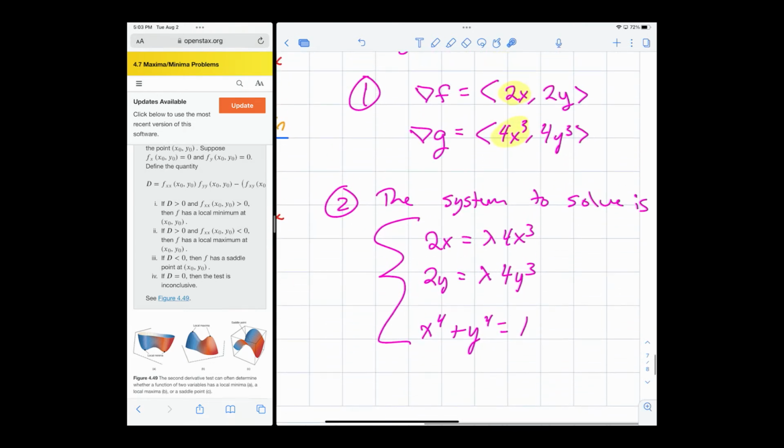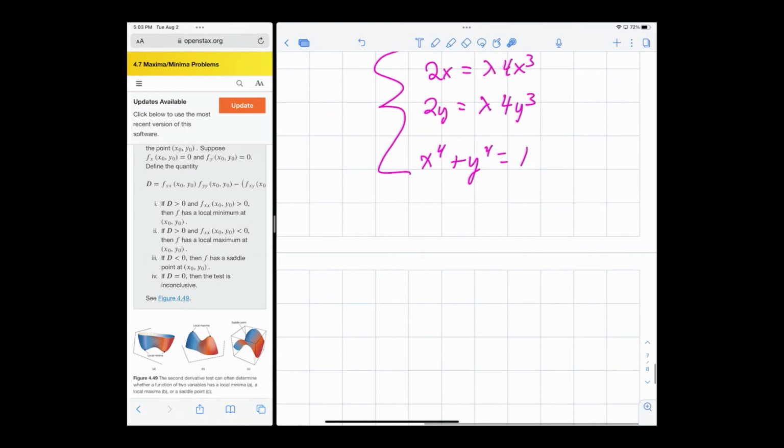So you can solve that in a lot of ways. I'm trying to think what the easiest way to do this is.